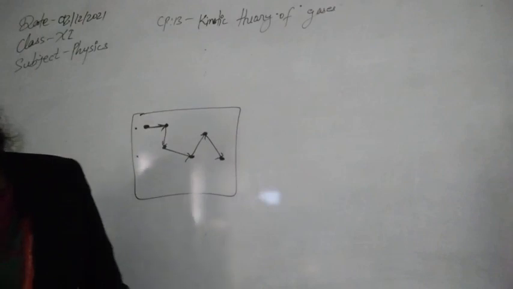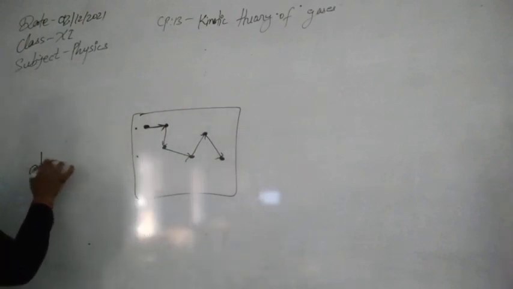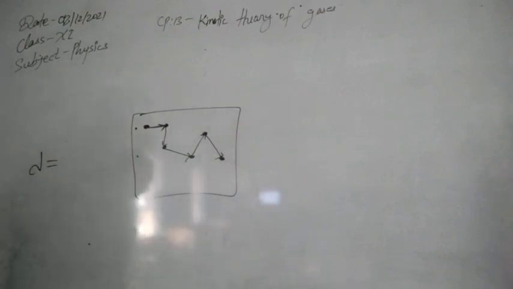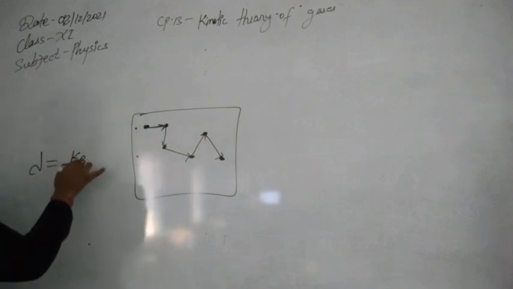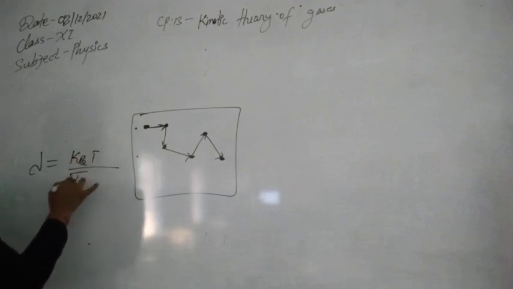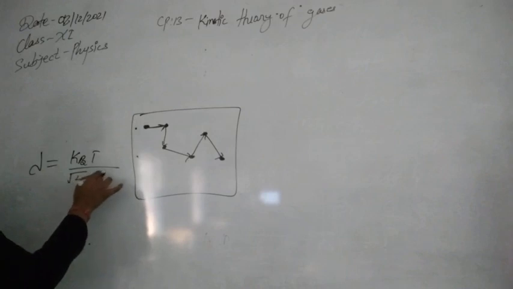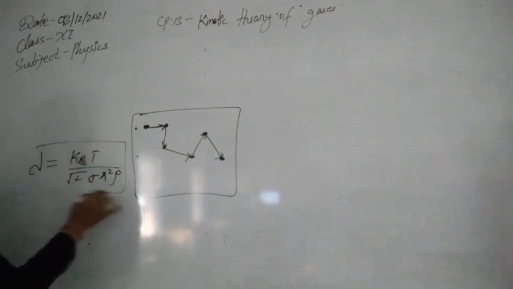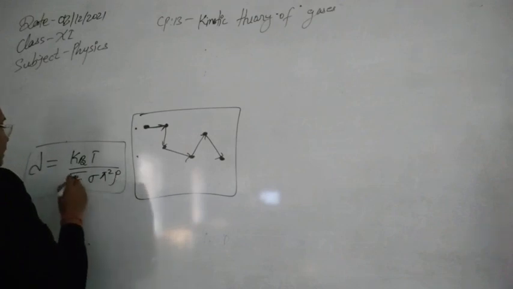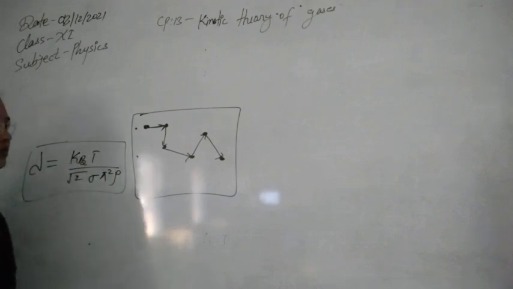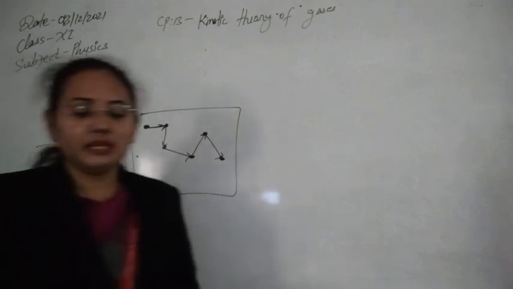If you find out the relationship for the mean free path, it is obtained as lambda equal to kBT upon root 2 sigma pi square rho, where sigma is the molecular dimension, rho is density, and all other factors you know already.